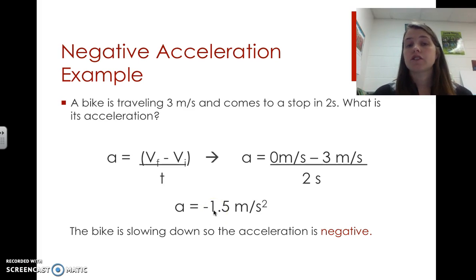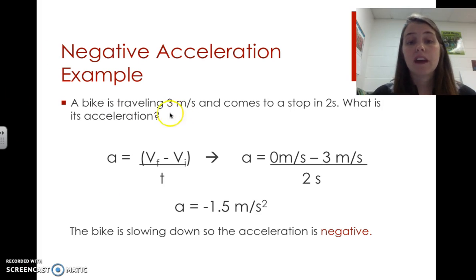Negative acceleration. Remember, this usually happens when something is stopping. A bike is traveling 3 meters per second and comes to a stop in 2 seconds. What is its acceleration? You might say, well, it doesn't have an acceleration because it's coming to a stop. But remember, there are two types of acceleration. There's the positive acceleration when something is speeding up, and the negative acceleration when something is slowing down.